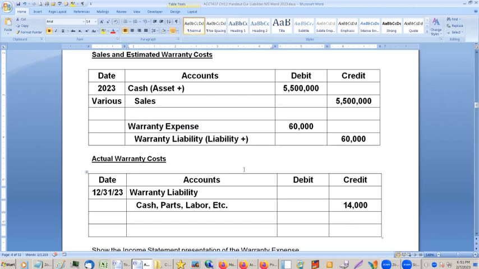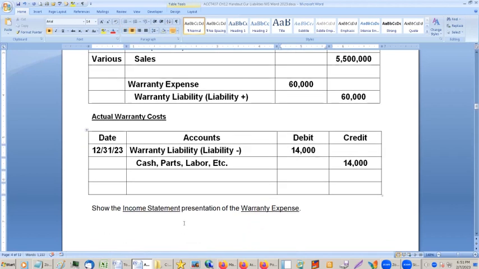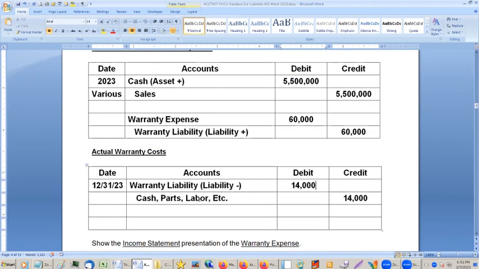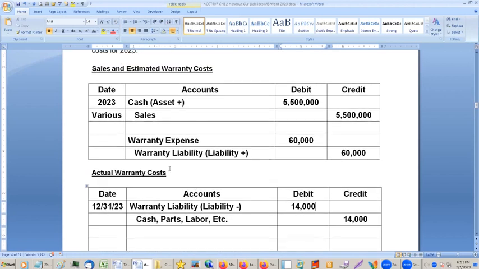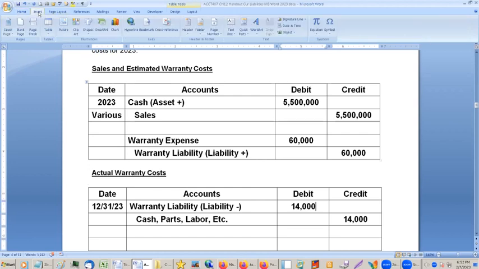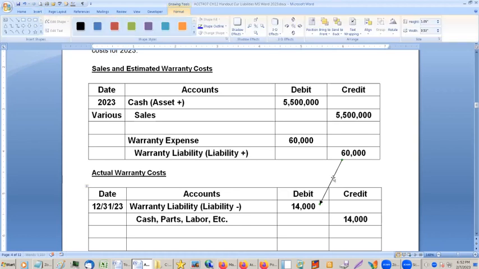So we've already expensed it. So now we're just paying off this liability. So this is part of the liability going down. So this is actually paying off part of this liability.